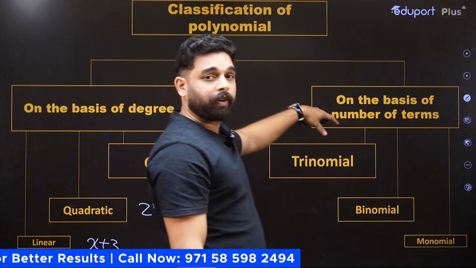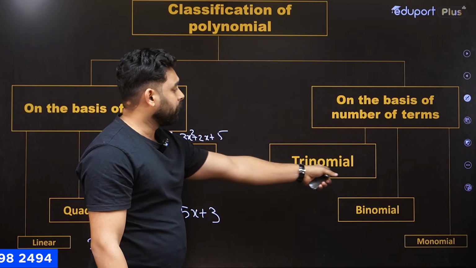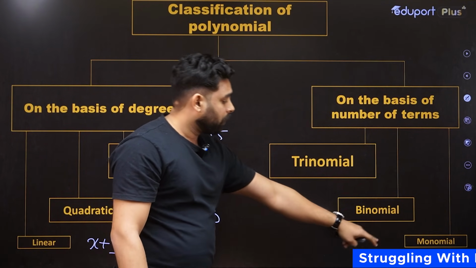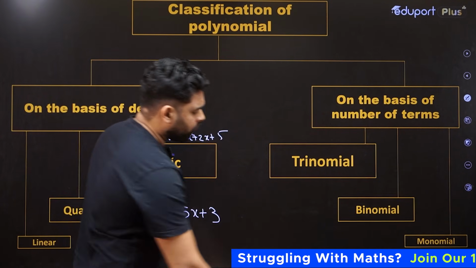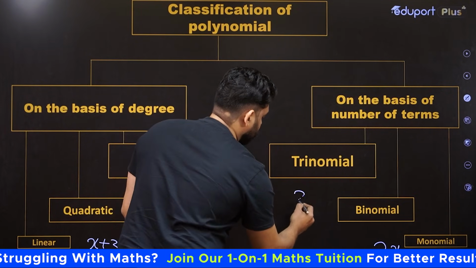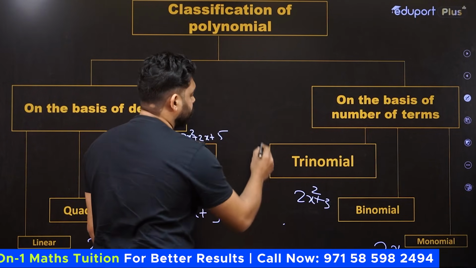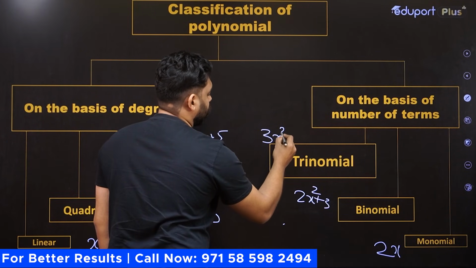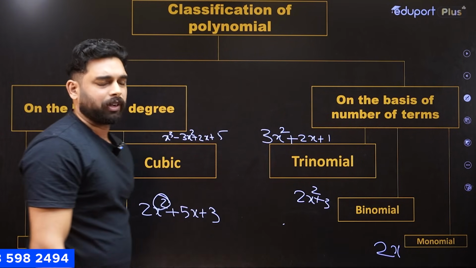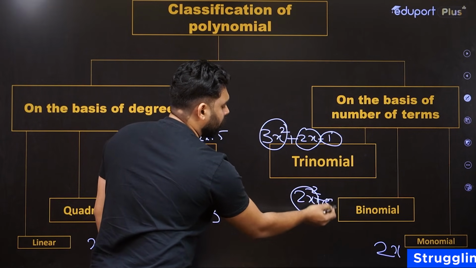Then polynomial is divided on the basis of number of terms. Trinomial means 3 or more terms, binomial means 2 terms, monomial means single term. So, 2x is an example of a monomial, 2x square plus 3 is an example of binomial, 3x square plus 2x plus 1 is an example of trinomial because there will be 3 terms in trinomial and 2 terms in binomial, that is all.